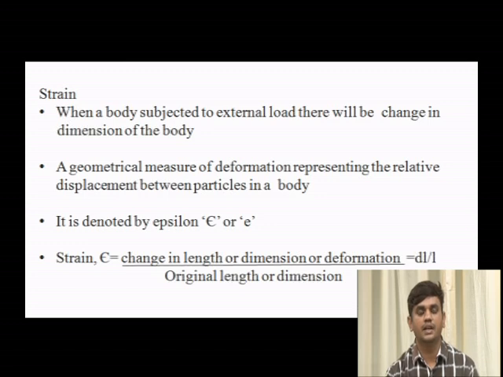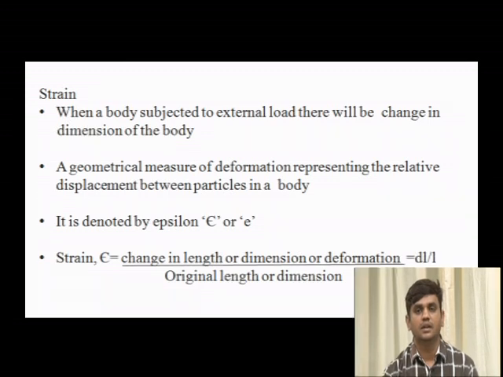Between the particles there is a displacement which we can observe through eyes, or internally there will be a displacement of the particles. So we can observe there is an increase in length or decrease in length, increase in volume, decrease in volume, even in the lateral dimension, breadth or depth.